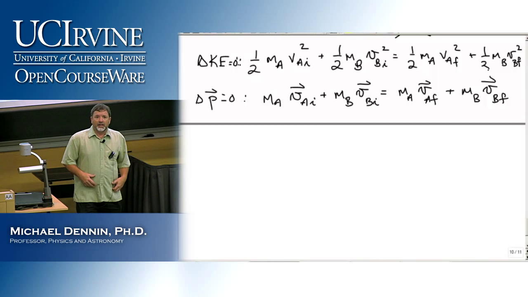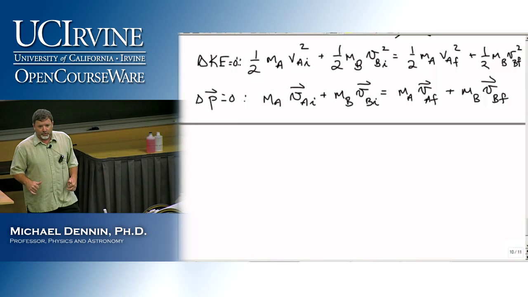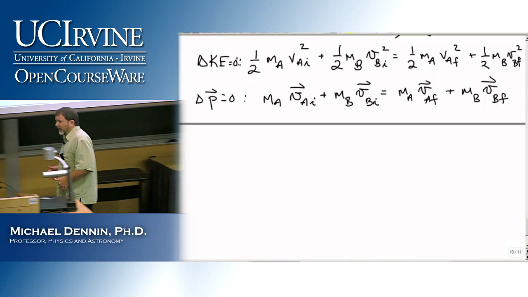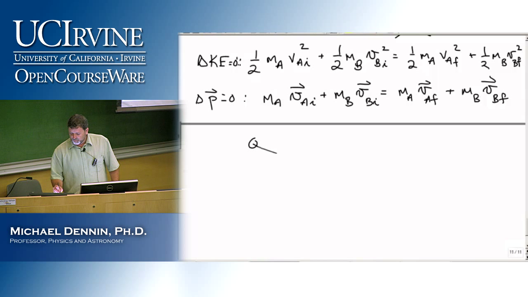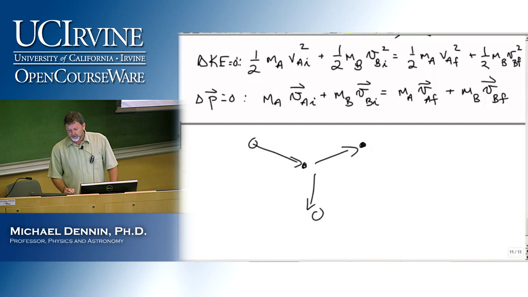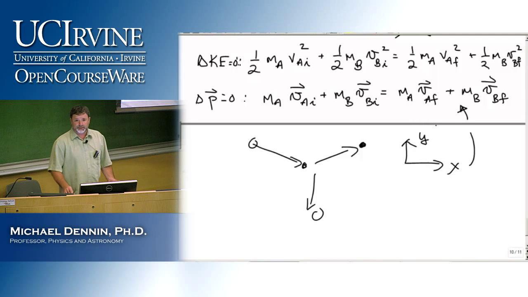So in this collision, if I give you 2 of the unknowns, which is usually what happens, you can solve for the other 2. Now, if I'm doing this in 2 dimensions, say I'm shooting pool, and the pool ball comes in, hits another pool ball, and they go off that way and that way, then I need x and y, and for momentum, I need to use components.